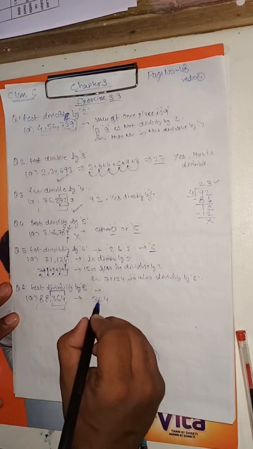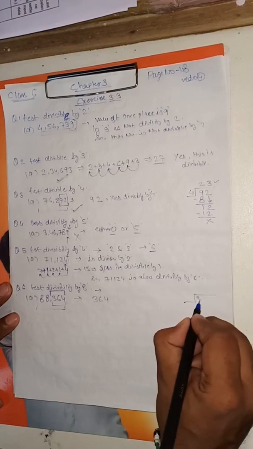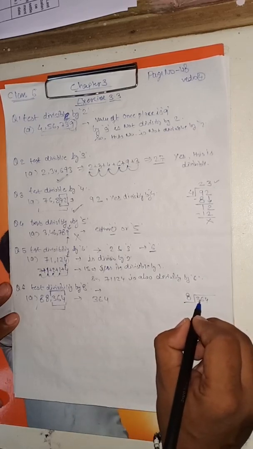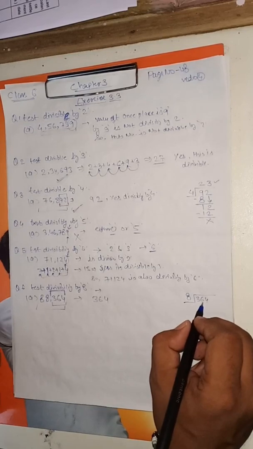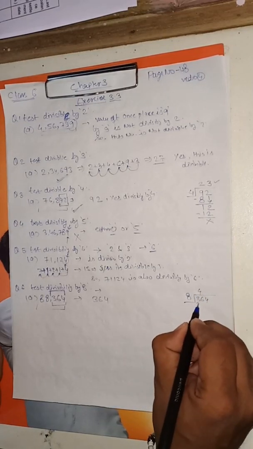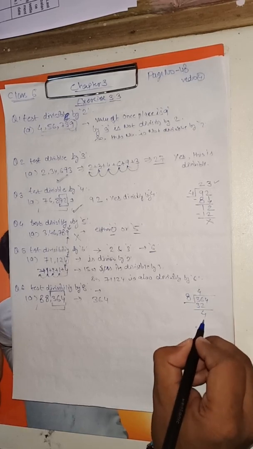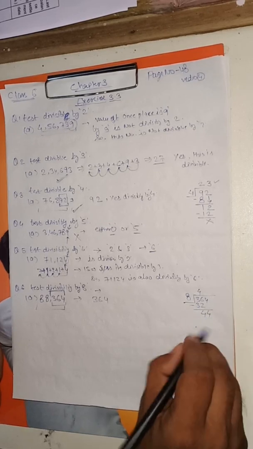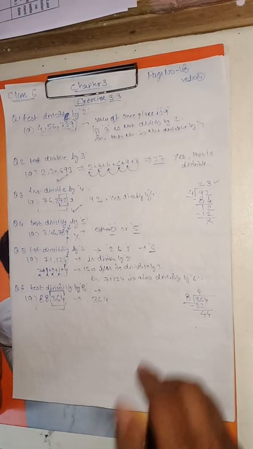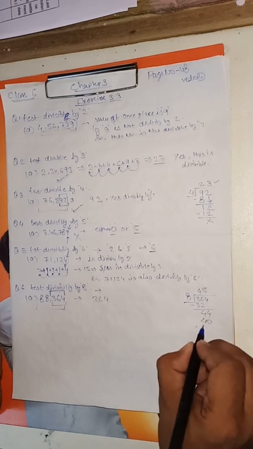Let us check, is this divisible by 8 or not. Count for 8: 8 2s are 16, 8 3s are 24, 8 4s are 32. So what we will get here, remainder 4. And does 4 come in 8's table? 8 5s are 40.